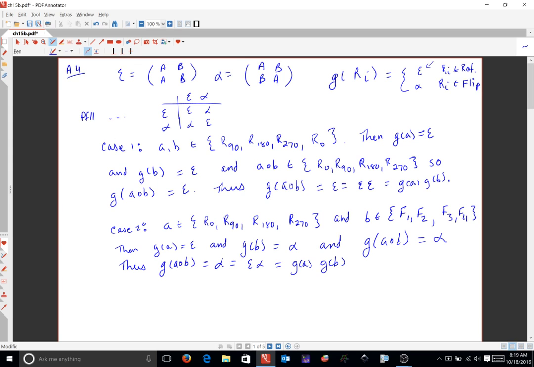And then what happens on the next case? What would be that case? A and B are switched. A is in the flips, and B is in the rotations.